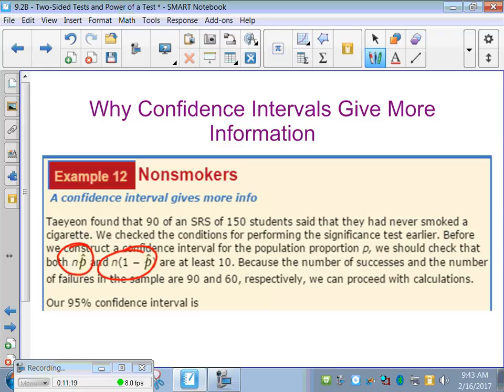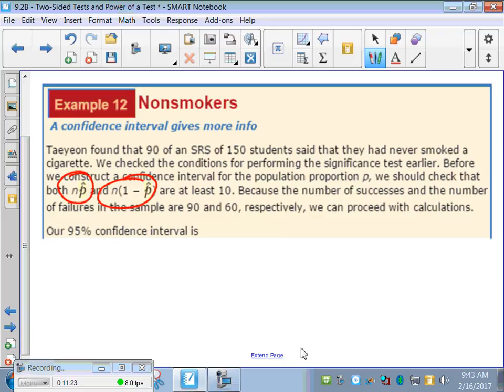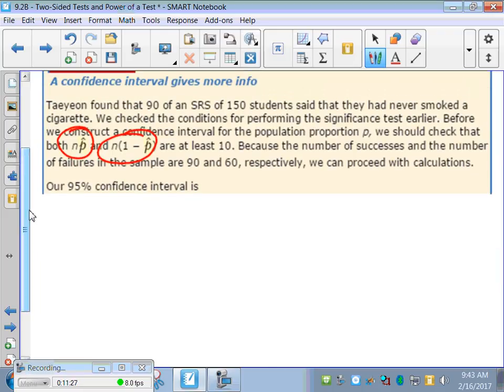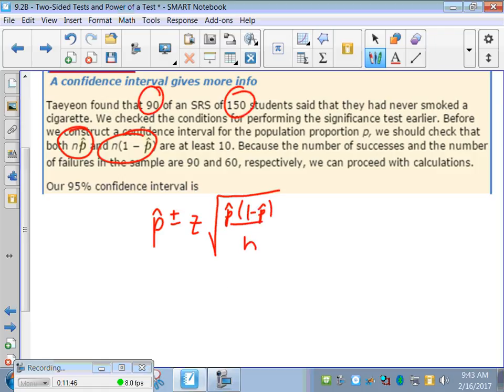So confidence interval. Raise your hand if you remember the formula that we just did on the last test for confidence interval. Ginger? Yay, good job. All right, so our p hat in this one, you guys, is 90 over 150, which was our 60%.